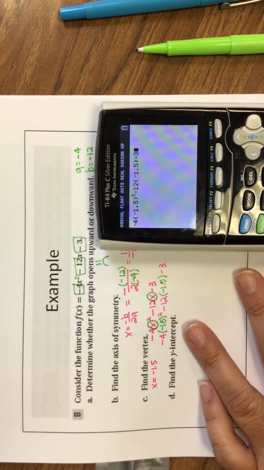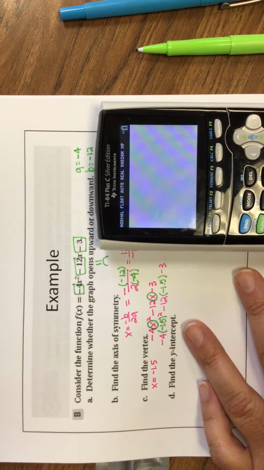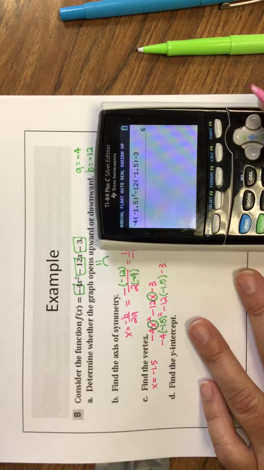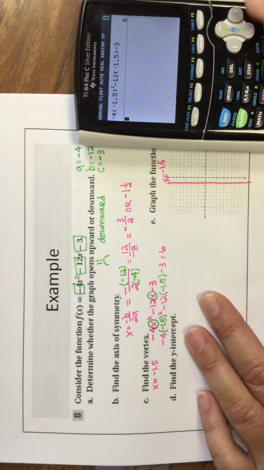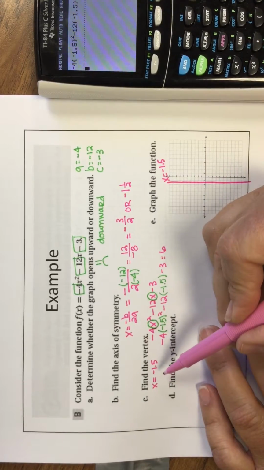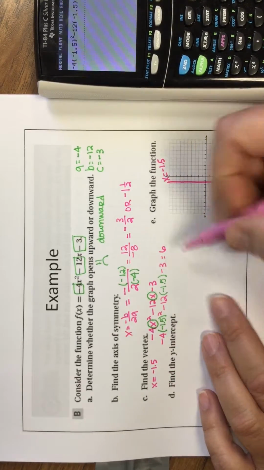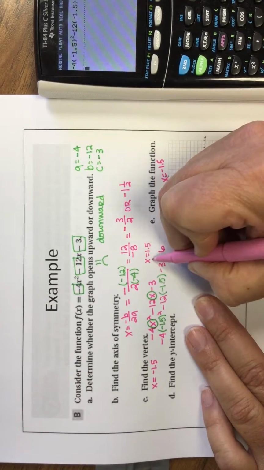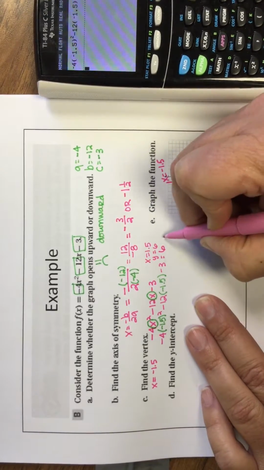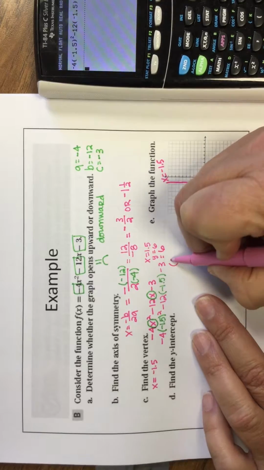Okay. At this time, we're going to hit enter, and we got 6. So we plugged in an x, and our output is y. So x equals -1.5, y equals 6. Now we have our coordinate.